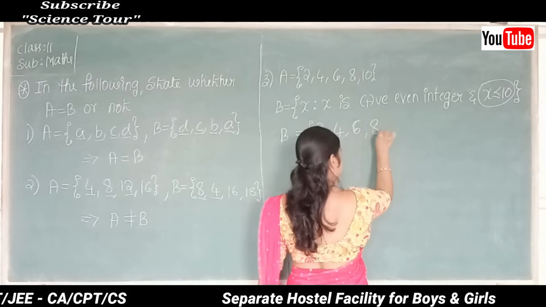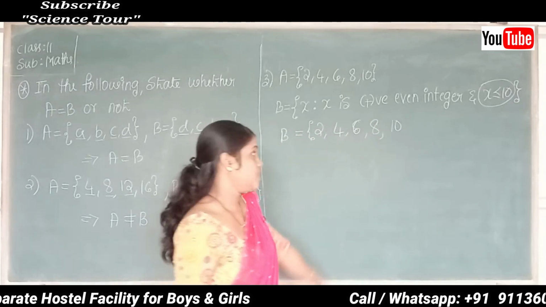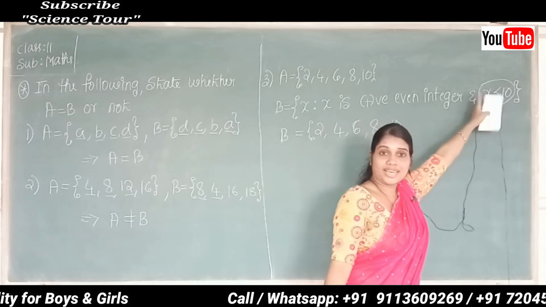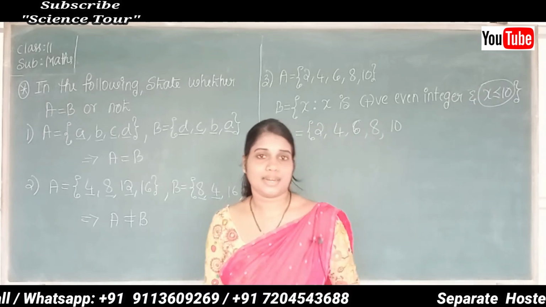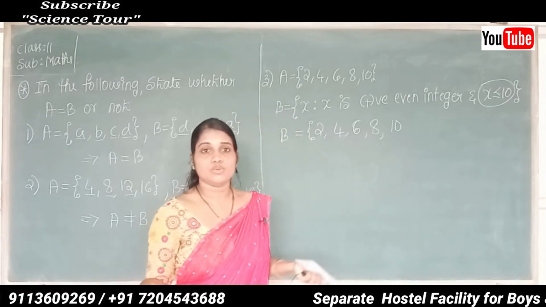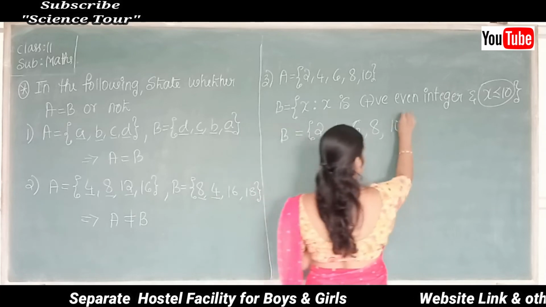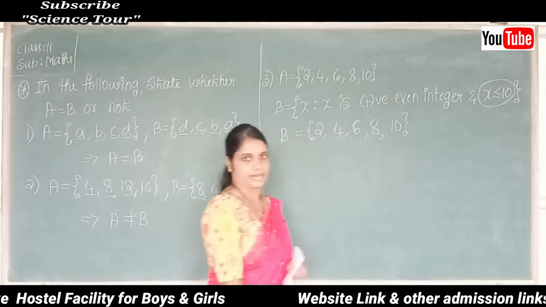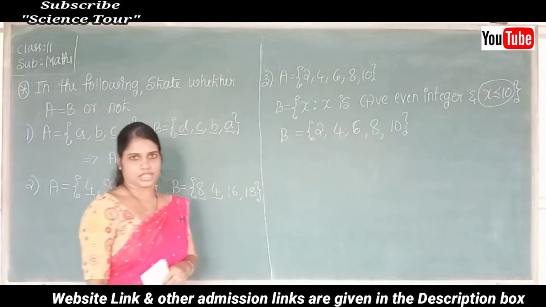Next 8. Next 10. Can I choose 12? No. Why? You have to choose an even integer that must be less than or equal to 10. If you choose 12, that 12 is greater than 10. Right. So therefore I'll consider till 10. Yes. Now compare the elements of set A and set B. Okay.